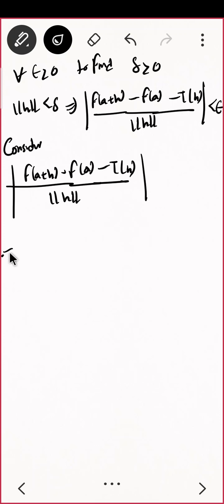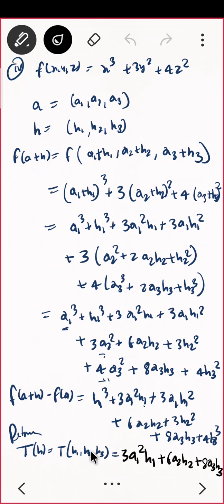Now what will f of a plus h minus f of a minus t of h be? Can you quickly tell me? This is f of a, if I subtract, this goes away, so what will come? I'll be having this h1 cube and this 3 e1 h1 square, correct?